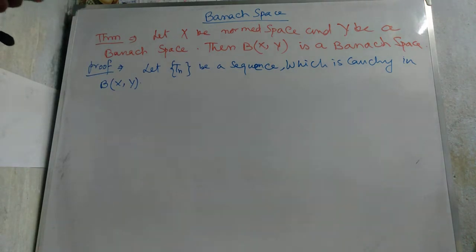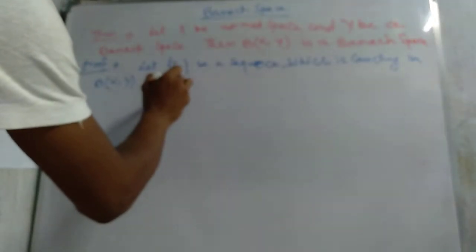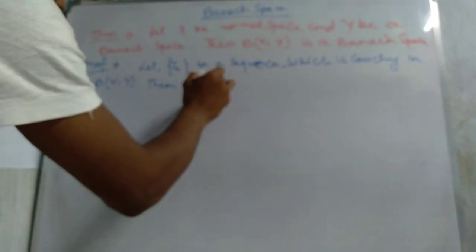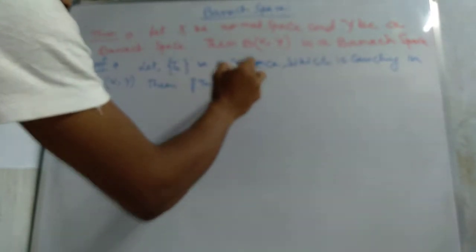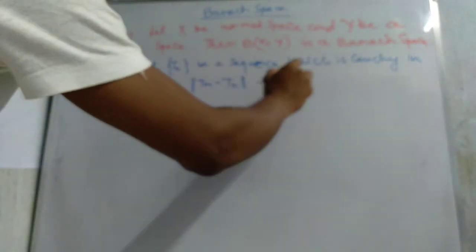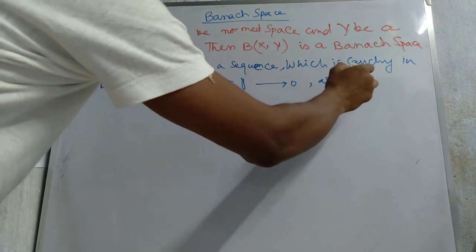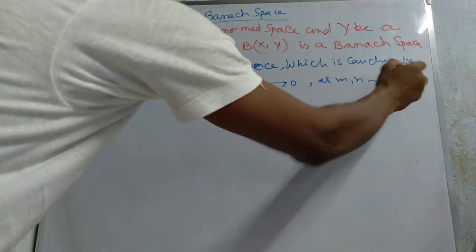Then the norm of Tm minus Tn tends to 0 as m, n tend to infinity.